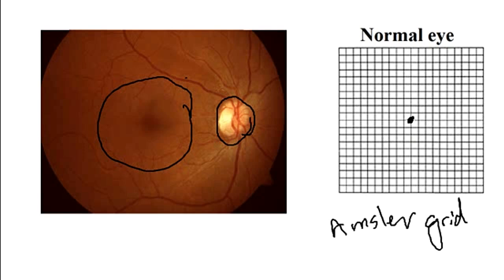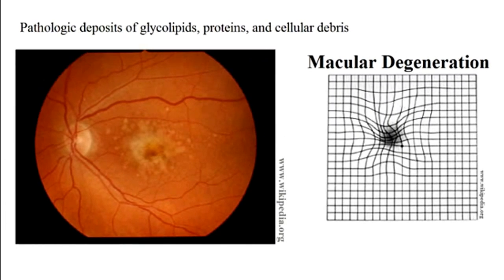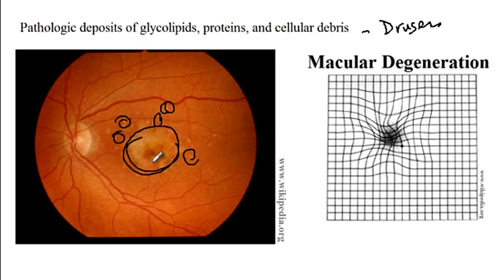They would tell you that the lines are all straight. However, if a patient has macular degeneration, where there are pathologic deposits of glycolipids, proteins, and cellular debris, which are called drusen, this would be the initial finding seen in patients with macular degeneration. So here are examples of drusen seen in this patient. And then in later stages, it can cause loss of the cells at the center of the macula.